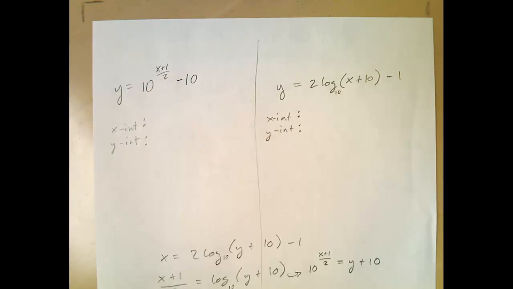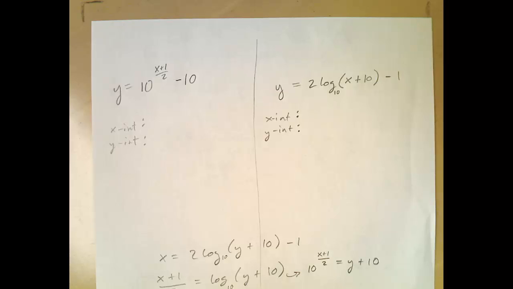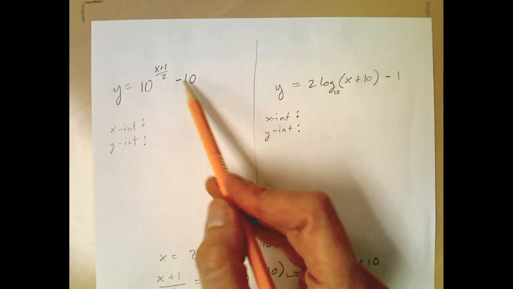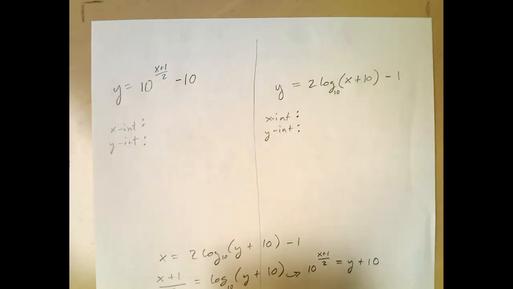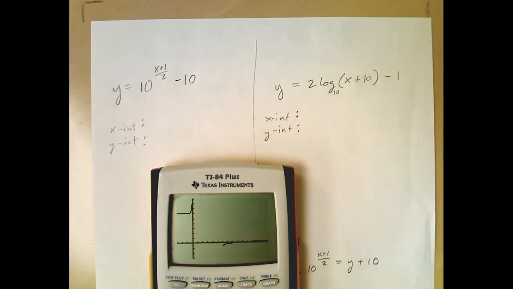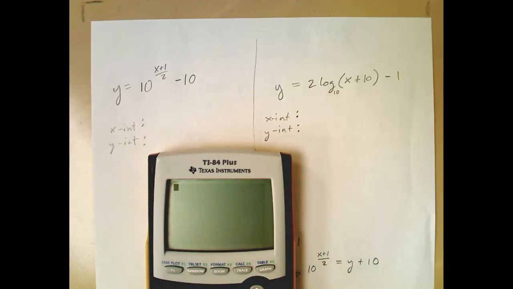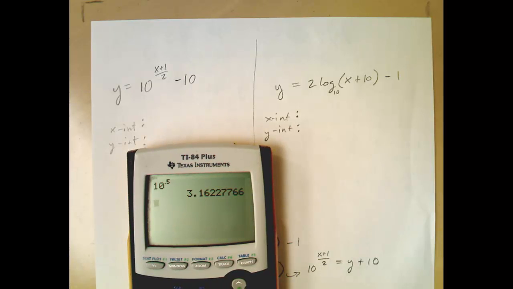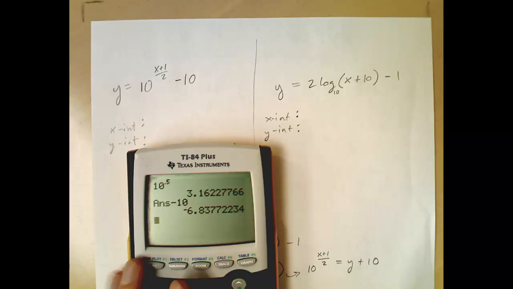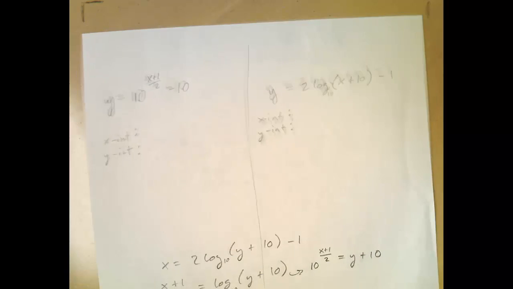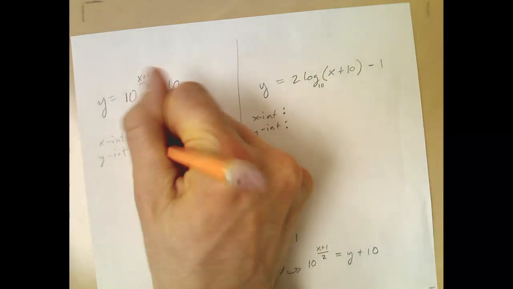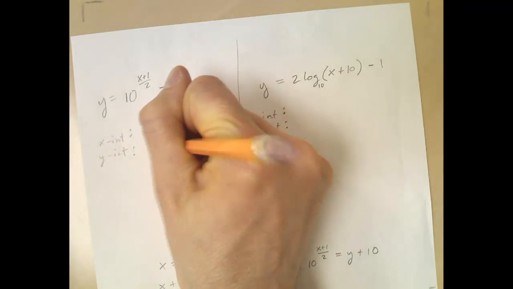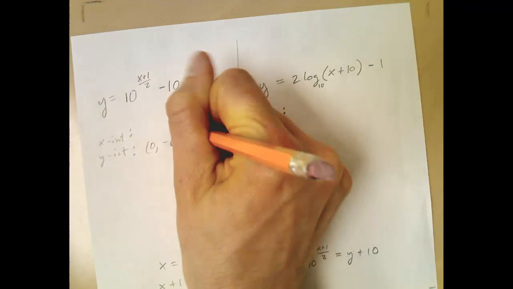That's a half. That's 10 to the 1/2. Well, that's the square root of 10. That's 3 point something minus 10. So I'm going to get like negative 6 point something. So I got to ask the calculator. That's the square root of 10. Negative 6.83, so negative 6.84. So we'll do 0, negative 6.84.